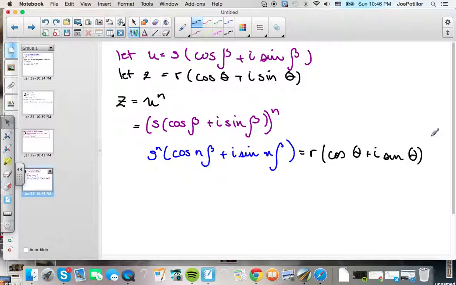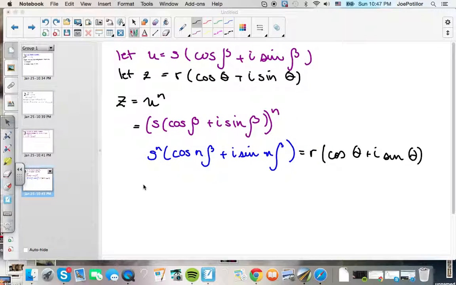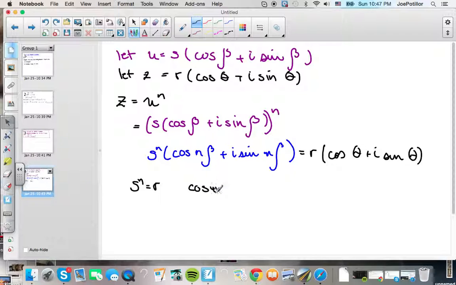Now, it's relatively obvious if I'm equating pieces of the puzzle, I can equate it like this. Because it's an equation, I could state that s to the n is equal to r cosine n of beta is equal to cosine of theta, and of course sine of n beta is equal to sine of theta.